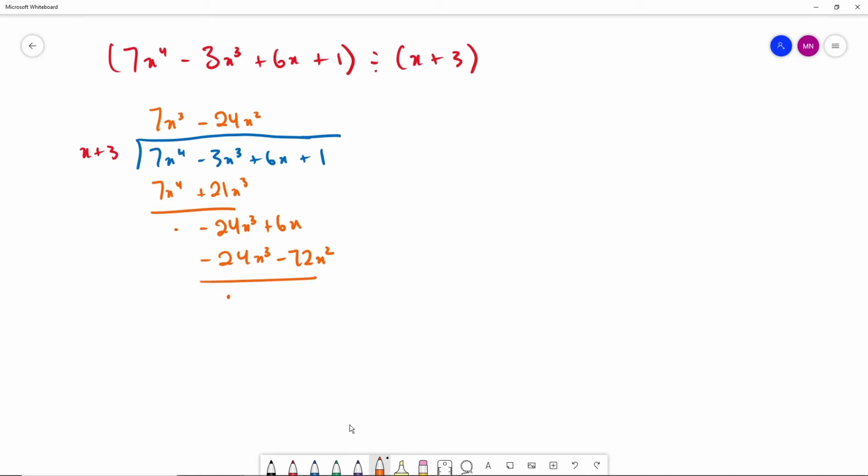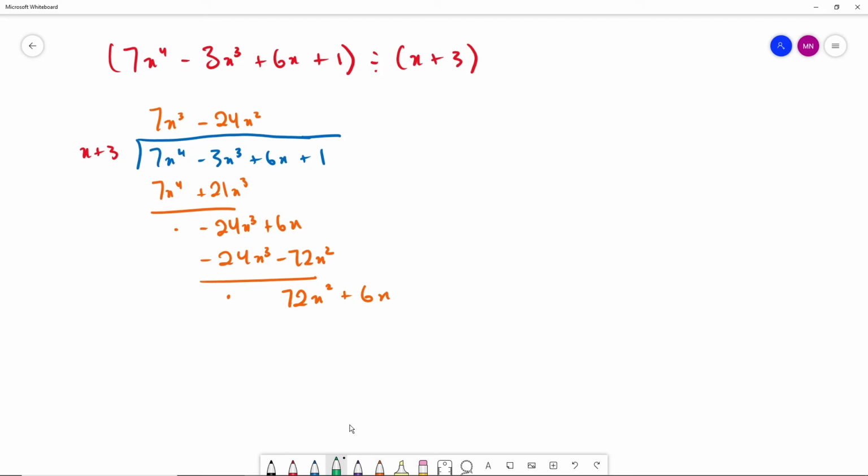Next we have 72x squared plus 6x. We plus 6x because we have 6x minus negative 72x squared.